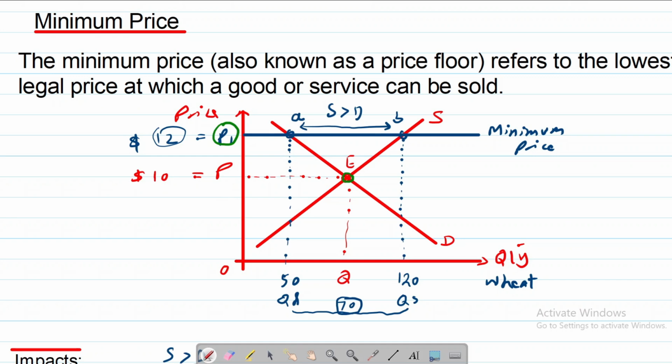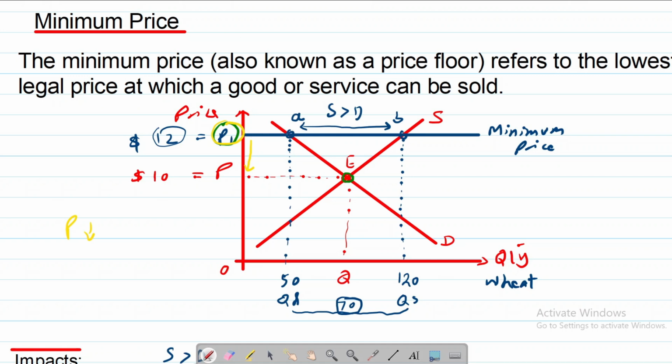So keep in mind we are already at this point. So if we need to move back to the equilibrium price, then the equilibrium price is P, so we will move downward. So the equilibrium price should fall, and then what should happen to the quantity demanded?